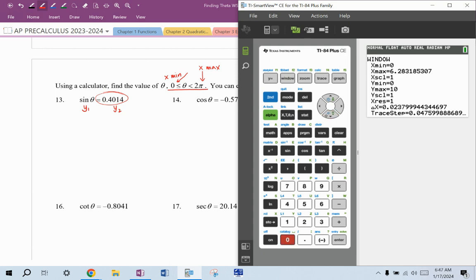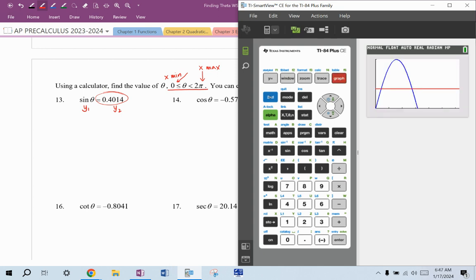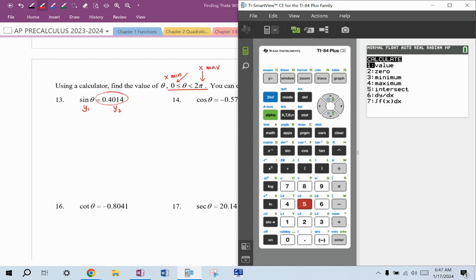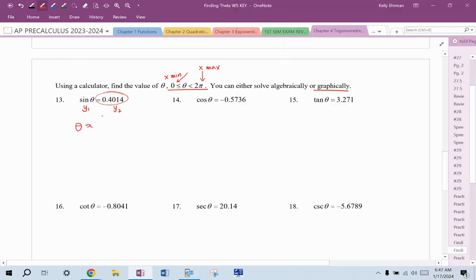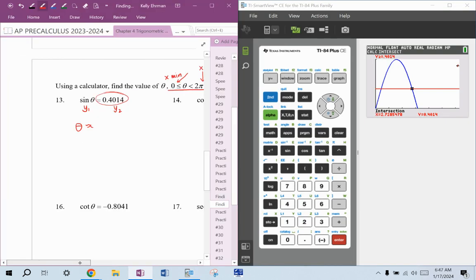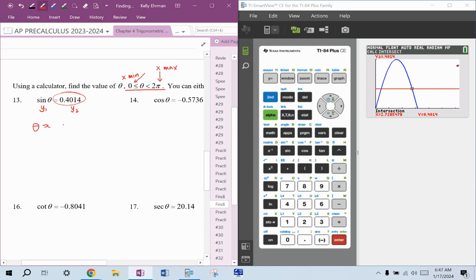So I'm just going to say go from 0 to 1. And then I'll press graph. And I'm looking for the 2 points of intersection. So enter, enter, enter. Found the one on the right first. So theta is about equal to, round to 3 places, and these answers are in radians because we are in radian mode.